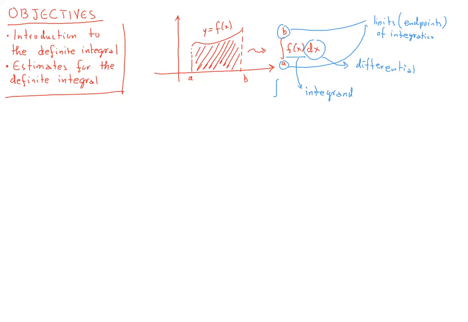We should remember here that if a region has parts below the x-axis, then those parts count as negative. So you have minus for the parts below the x-axis, plus for the parts above the x-axis.